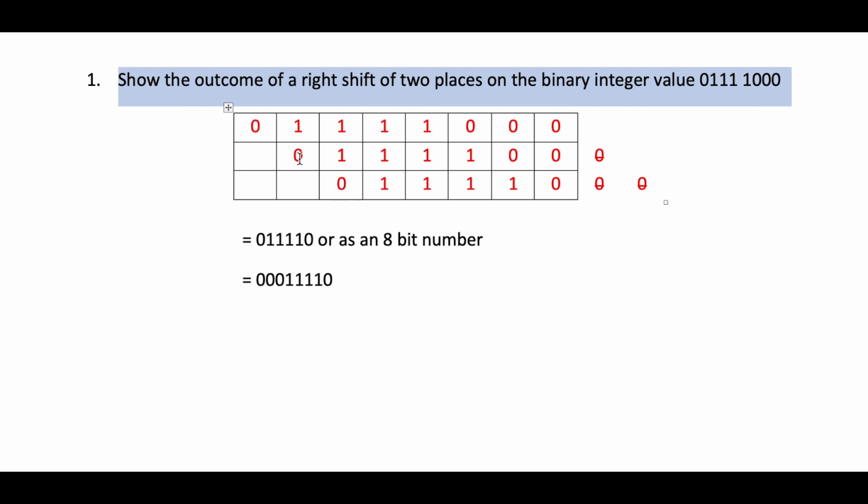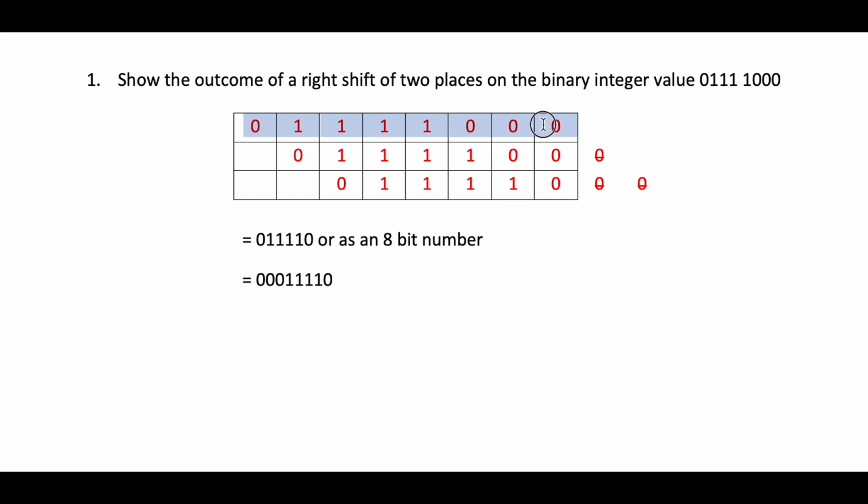So what I've done is I've written the number in the first line of this little table, exactly as the original number is in the exam question. And then I perform a shift to the right. So every single digit moves down one place to the right. You can see here, by following my cursor, that each number has moved down one place to the right.